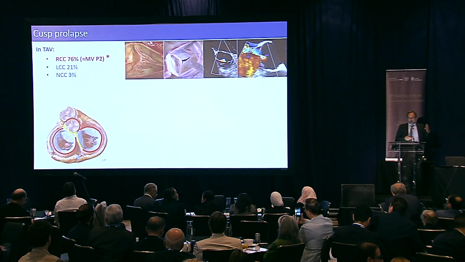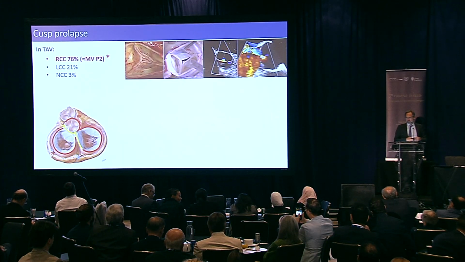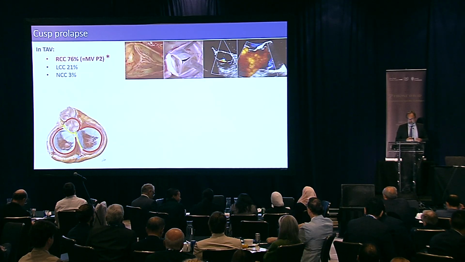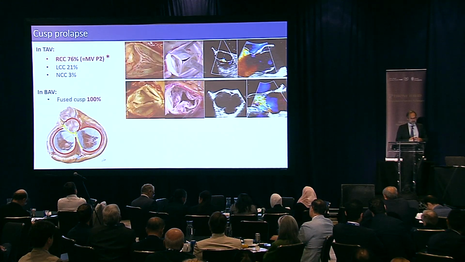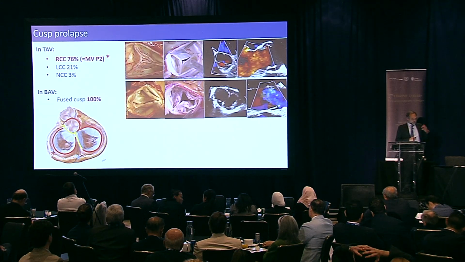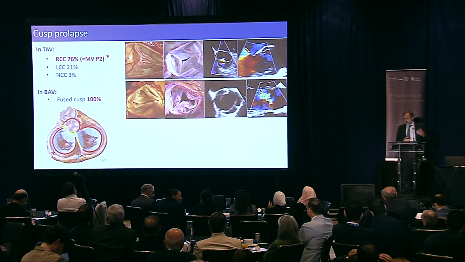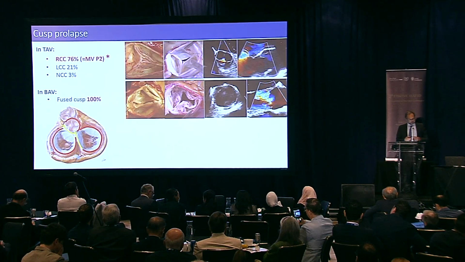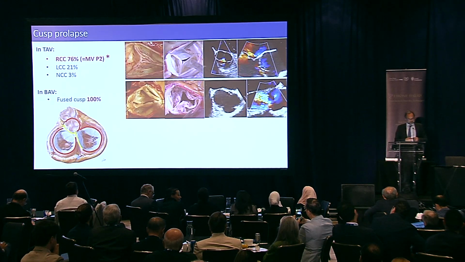In fact, we can make a correlation between the right coronary cusp prolapse and the P2 of the mitral valve, at least in terms of the observation of the prolapse in aortic insufficiency. For the bicuspid valve, it is the conjoined cusp which is almost automatically prolapsing in case of AI.